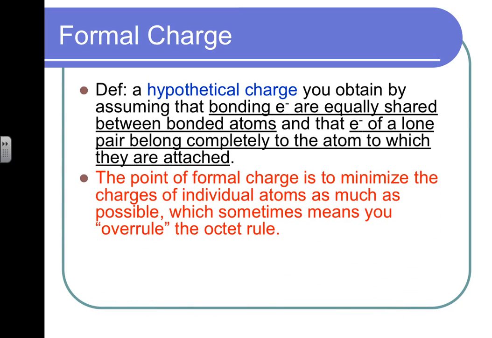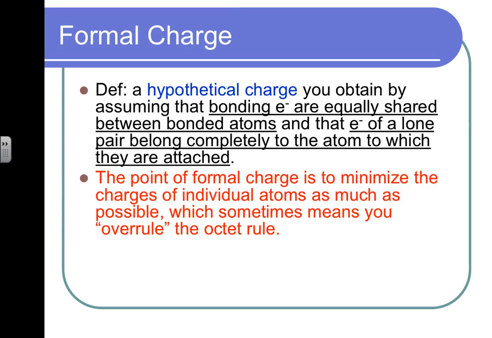The point of formal charge is to minimize the charges of individual atoms as much as possible, which sometimes means, as I say here, that you're overruling the octet rule, which means you may actually cause something to exceed the octet, which you wouldn't normally do. You may produce additional bonds in places that you wouldn't normally put them.